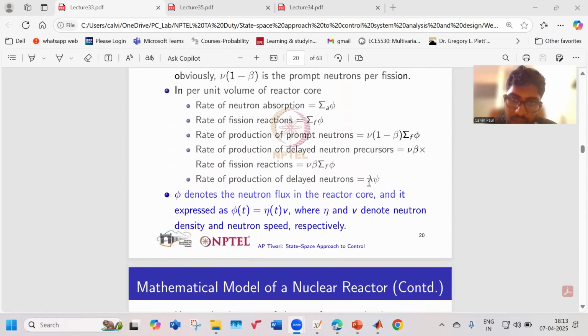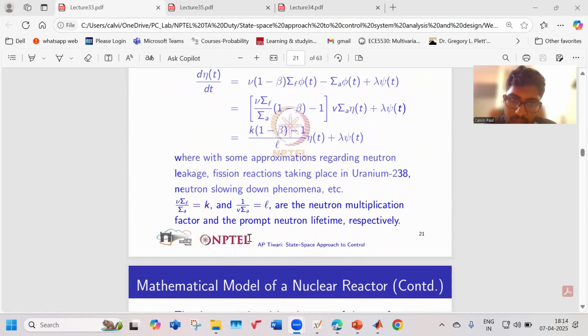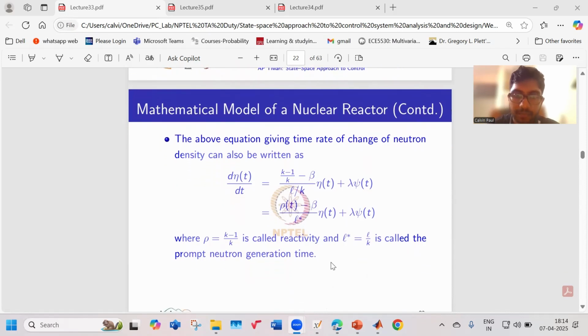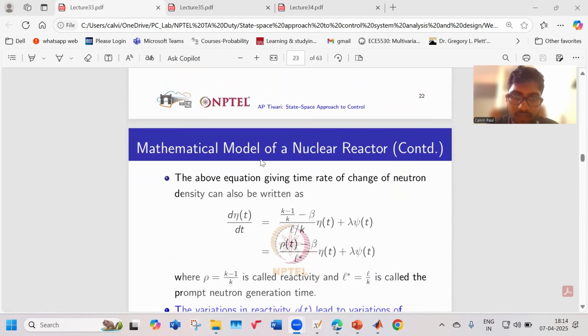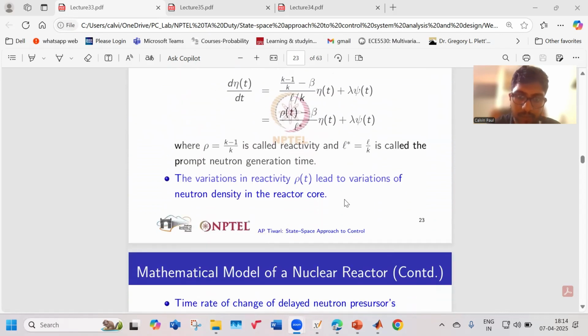There are some approximations considered and certain values taken, and when you reach this, the rate of change of neutron density in the core is given by (k minus 1 minus beta) over L times n(t). So rho(t) is called the reactivity, and L star, L over k, is called the prompt neutron generation time. Okay, this gives the rate of change of neutron density as written like this.